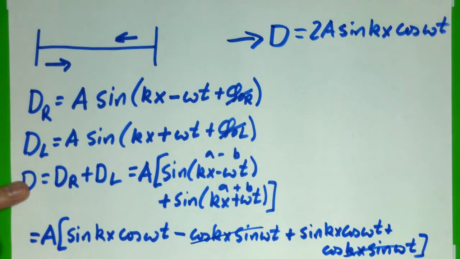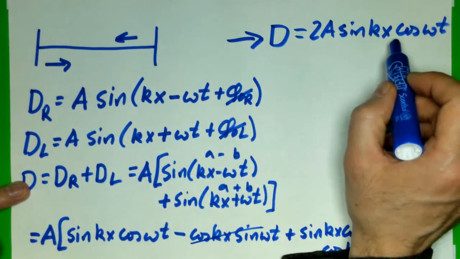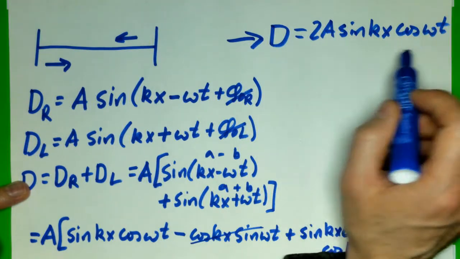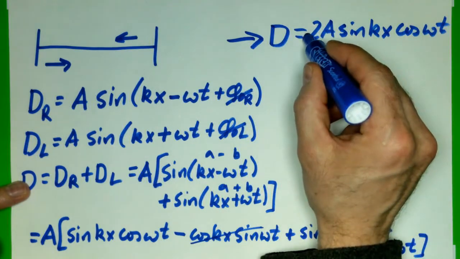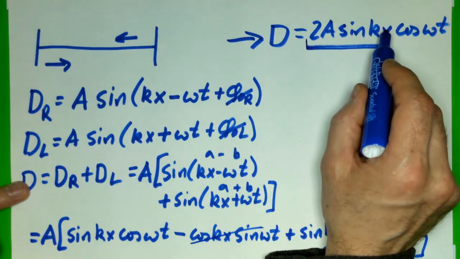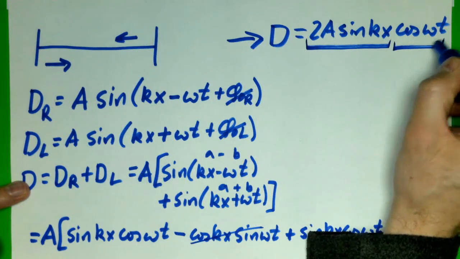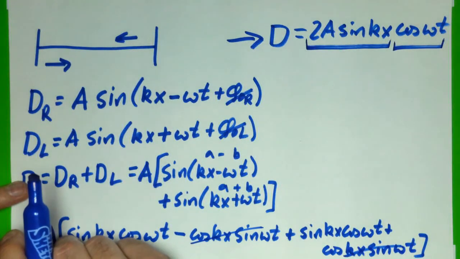Right away from our previous work, we see that there's no more traveling information here. This piece is all dependent on position and independent of time, and this piece is independent of position and only dependent on time.